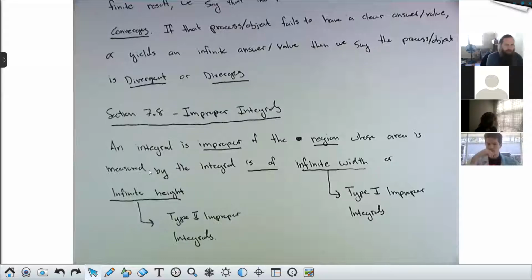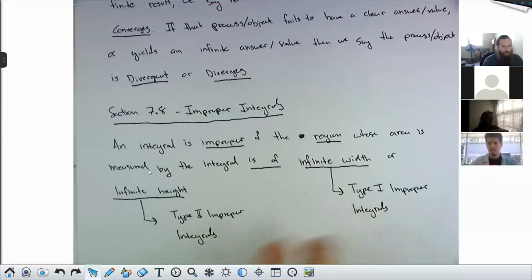So how could this even be? How can I set up an integral that measures an infinite width area? And shouldn't that automatically have infinite area? And same thing for height? The answers to those questions are surprising. As is often the case when one starts messing about with infinity, weird things can happen. So let me show you what it is we're talking about.